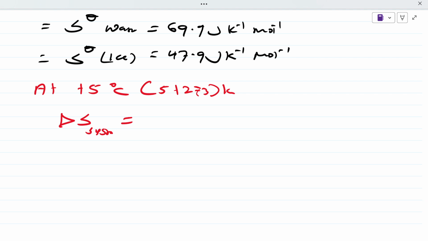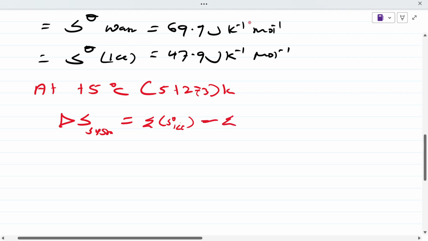If you look at the chemical change that is occurring there, I'm having a liquid forming a solid. So it means that my solid is the product here. So I'm going to have the summation of entropy of ice minus the summation of entropy of liquid.